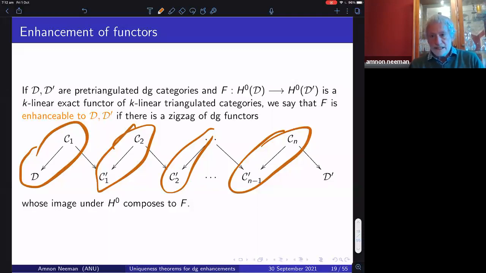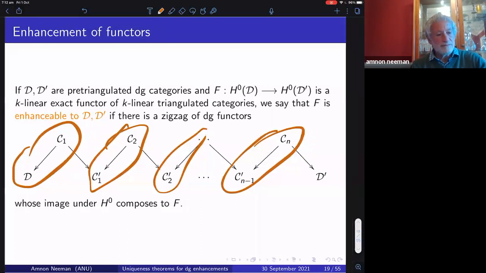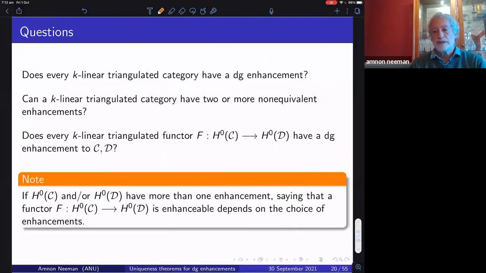And with these definitions, the obvious questions are: does every K-linear triangulated category have a DG enhancement? So this is question one. Can a K-linear triangulated category have two or more enhancements?